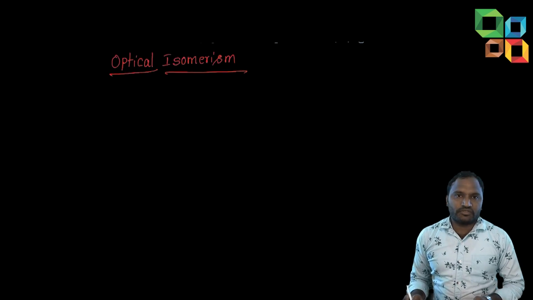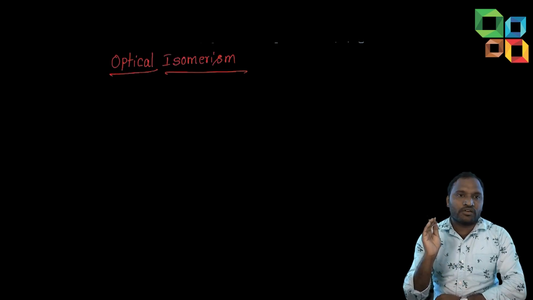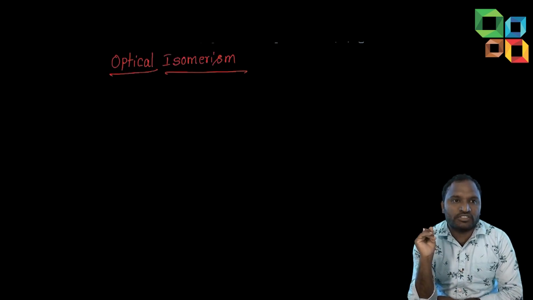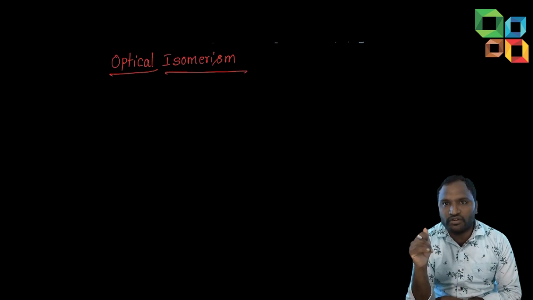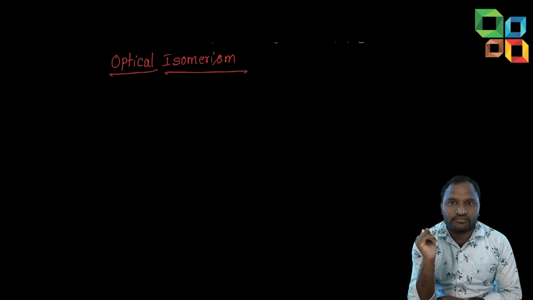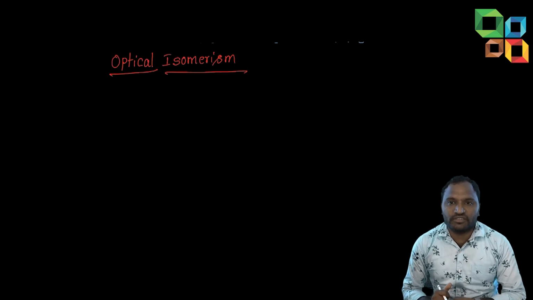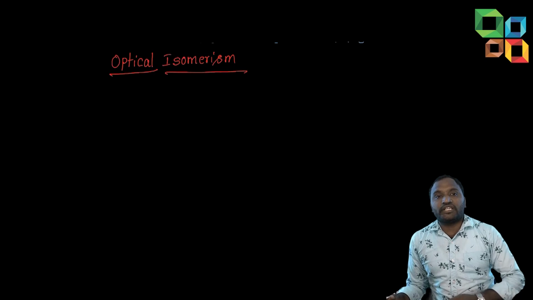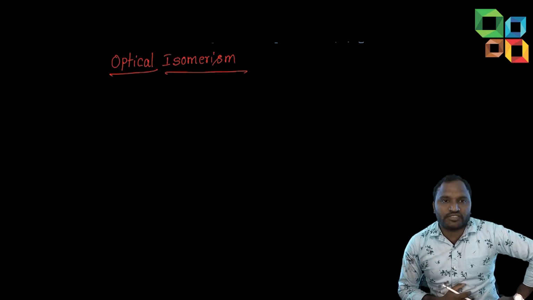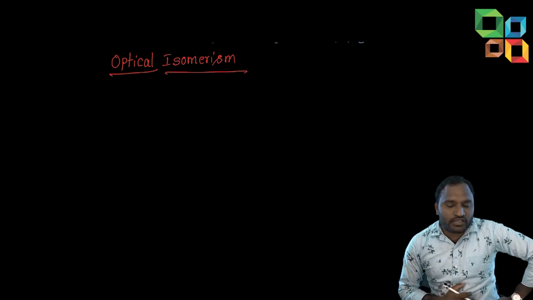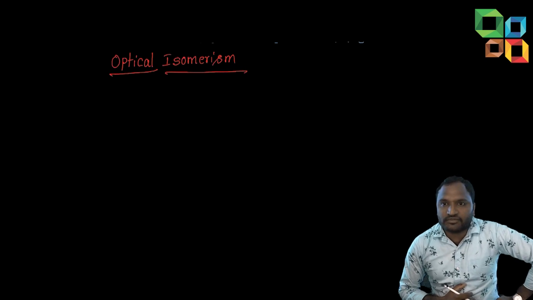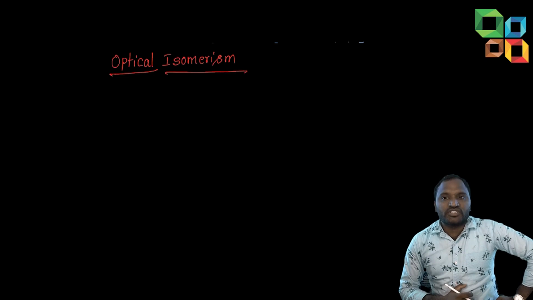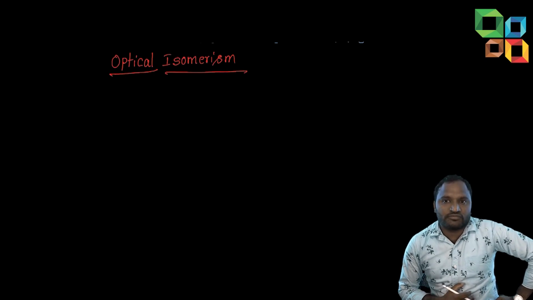Optical isomerism. Optics in physics, you have that chapter, right? What is optics? Study of light. Very nice. Here also, optical isomerism means with respect to light we will distinguish the isomers.